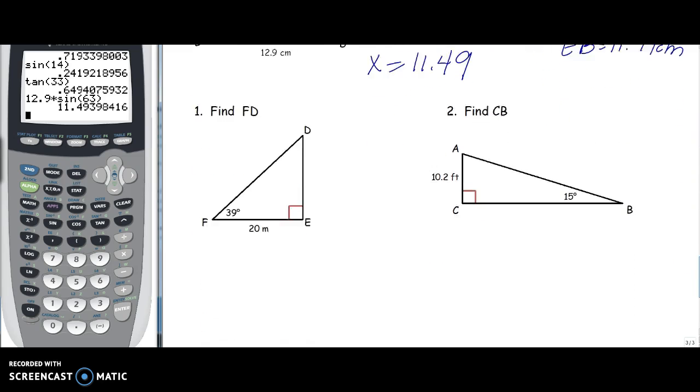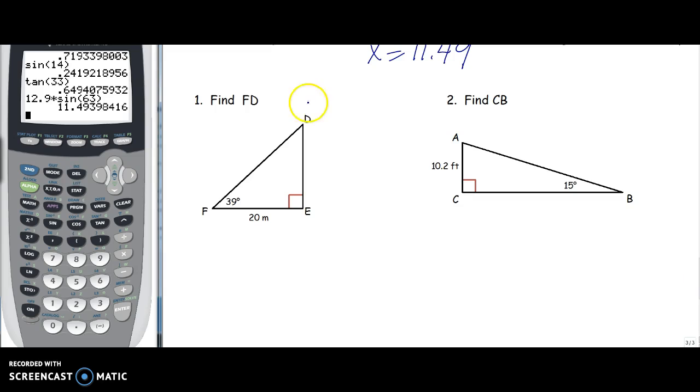Okay, so that's what we're going to be doing. So we have to figure out what we're looking for. So here's FD, right? We're looking for FD. Given our reference angle is this one, we have adjacent and hypotenuse, which is going to be cosine. So we have cosine of 39 is equal to adjacent over hypotenuse, 20 over x.